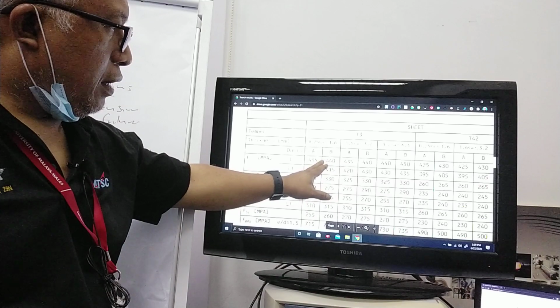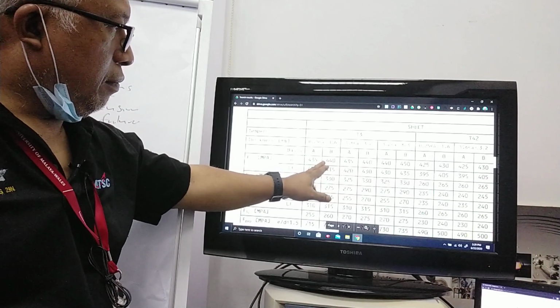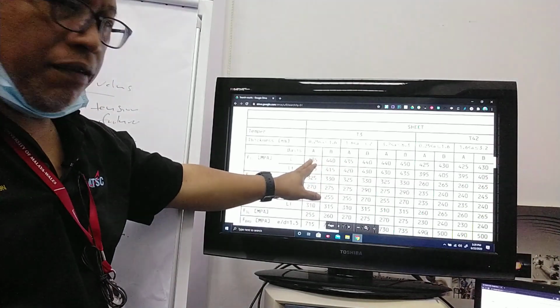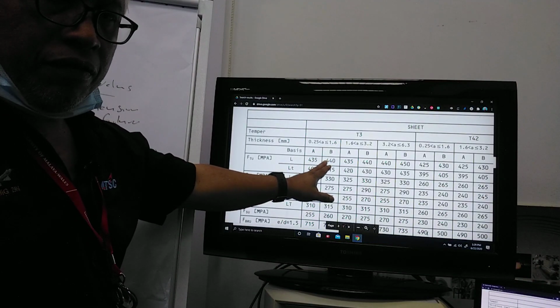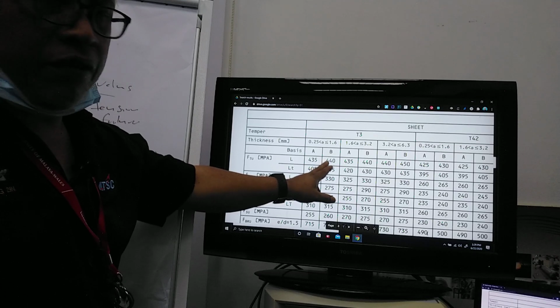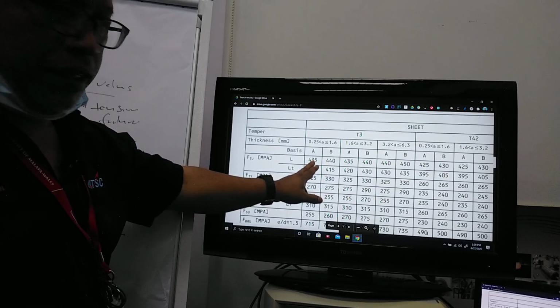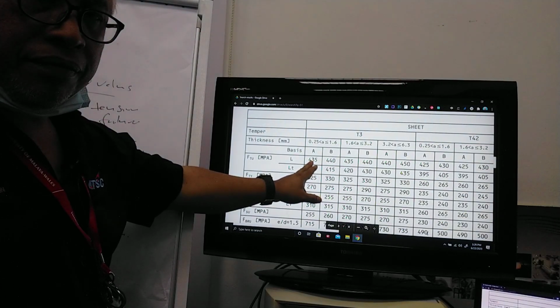So that means there is a high chance to get 435, but less chance to get 440. I mean, 90% they get 440, but if you go refine, the chance of the result is 435.